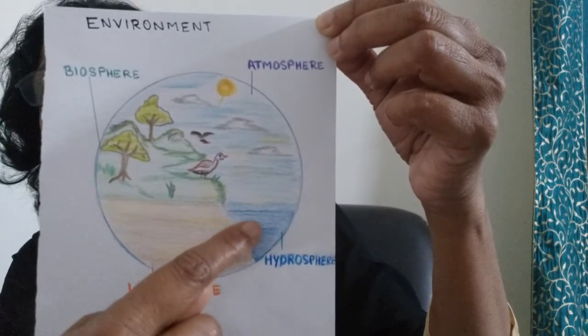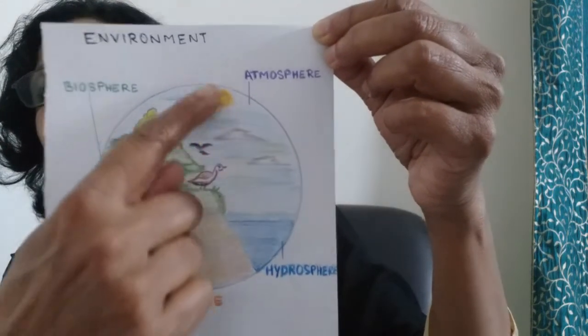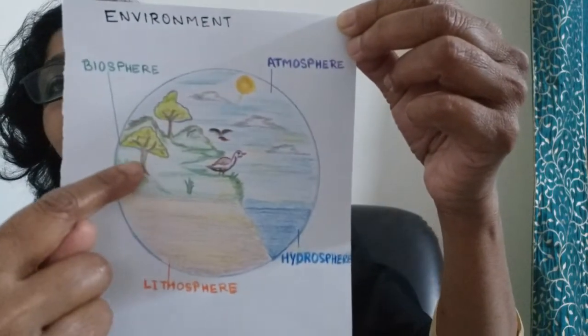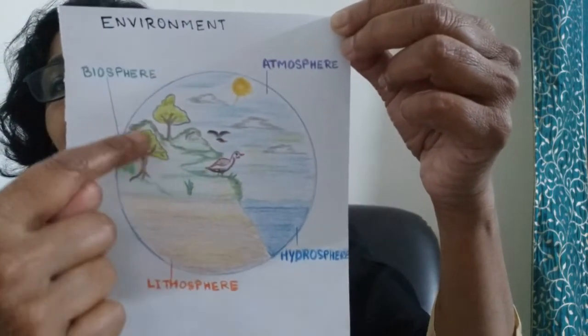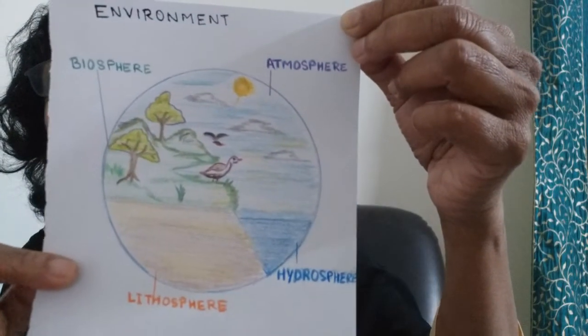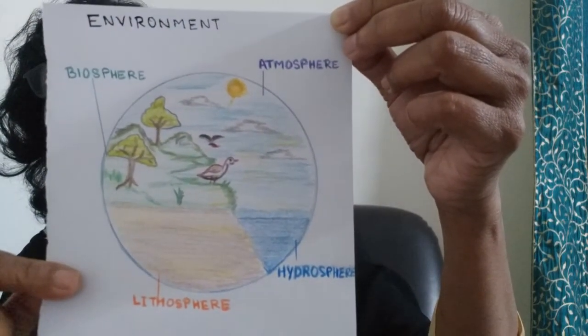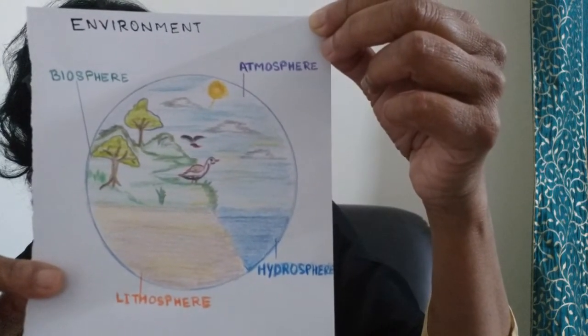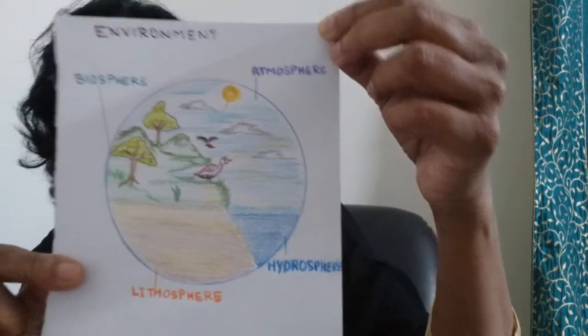This blue color is the hydrosphere, the water sphere. This is the atmosphere, the air, where you can see the clouds, the sunlight. And this is the biosphere where you can see the living things, the trees, the birds. You can also make animals. So this is how the environment is depicted with the help of this figure.